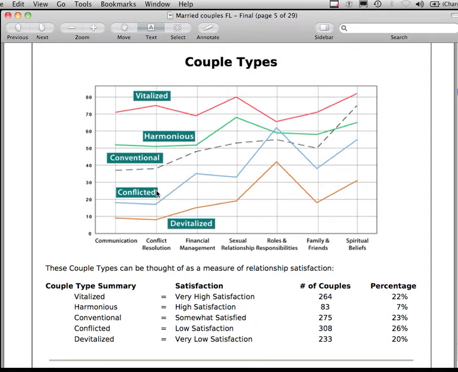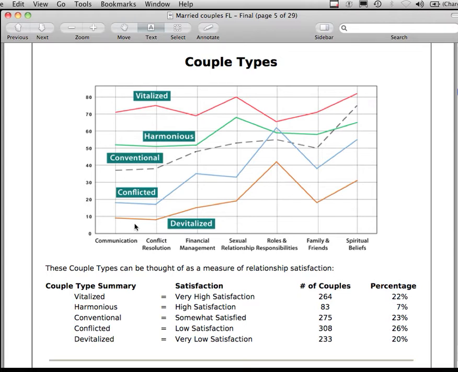Conflicted couples are those who are struggling. They're not communicating or resolving conflict well. They're still doing okay in roles, but you can see they're just a step down from most of the other types. And then the couples who are in a crisis, the couples who are really struggling, are in the devitalized category, and they agree on very little.